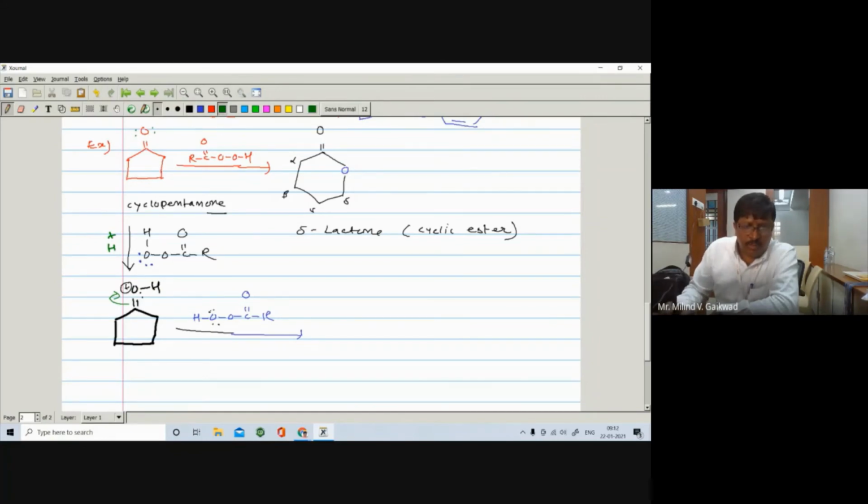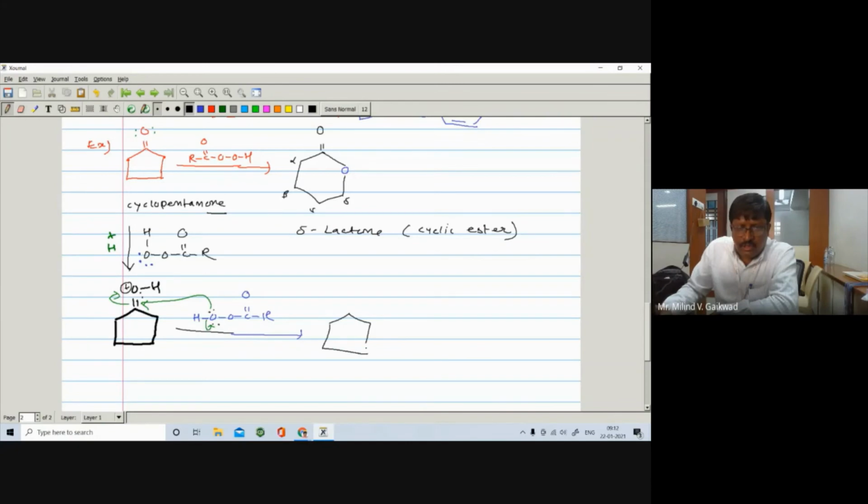So this lone pair will attack, right? This lone pair will attack. Okay, so we can write like this one also. This sigma bond will open on the oxygen, O negative, and this C positive, and you can get such type of compound. So here you may get a cyclic structure, right?